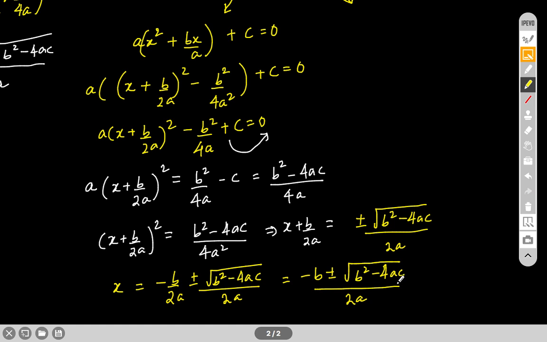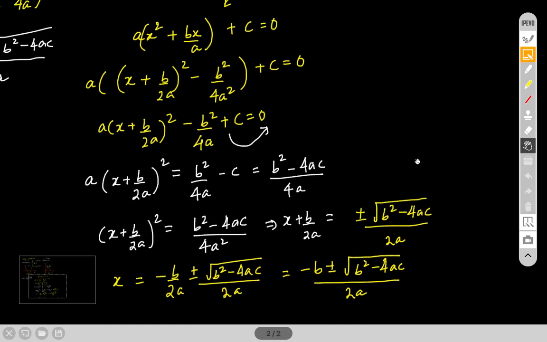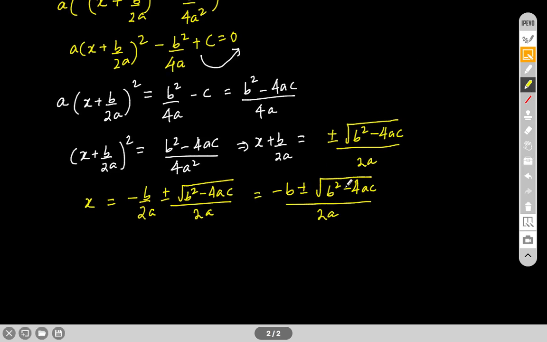Now, here we had also learned in the junior classes that this plays a very decisive role in the nature of the roots. This term is given a short form name, discriminant d. If d is greater than 0, you will have two real and distinct roots.